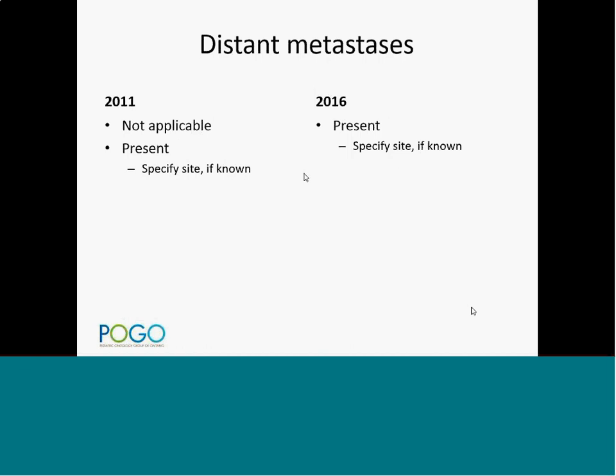And sometimes I find this category challenging to fill out if I don't have all the information. I used to like the not applicable category, because if I didn't know, I would just say not applicable, information not available or something. So it's still obviously important to stage, and as I said, where possible, talk with your clinical and radiologic colleagues to clarify the status of distant mets.